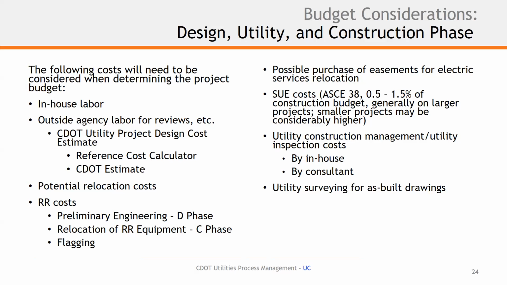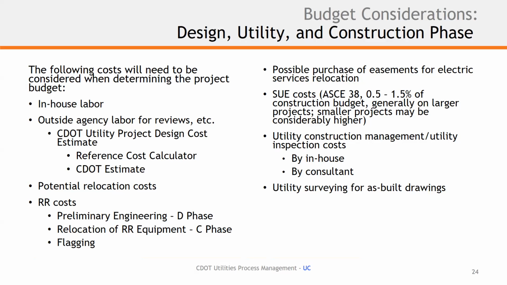There are tools that we have in place for that, and we'll show an example here in a minute, but there's a reference cost calculator, CDOT's cost estimating tools, and then identifying those high-level potential relocation costs that we talked about in the previous slide, the considerations that lead into that.